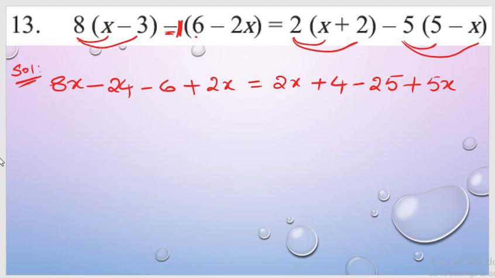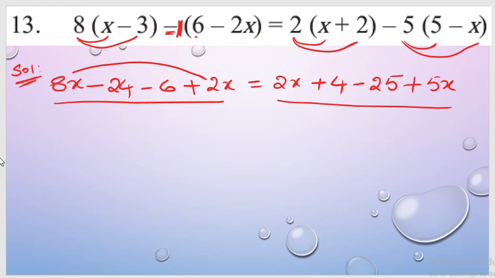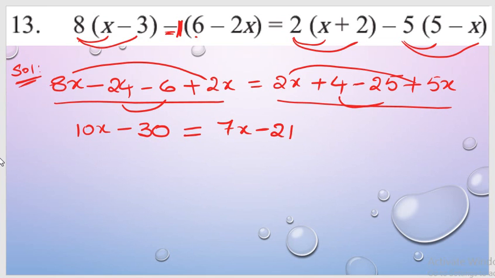Now first of all, what we need to do, we need to simplify the terms on left hand side as well as right hand side. So 8x plus 2x is nothing but 10x, minus 24 minus 6 is nothing but minus 30, which is equal to, here also 2x plus 5x is nothing but 7x, 4 minus 25 is nothing but minus 21.